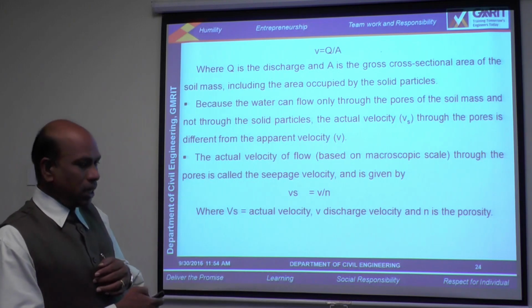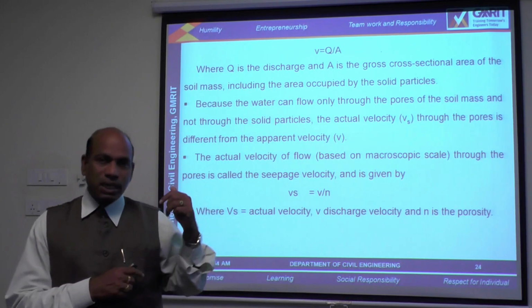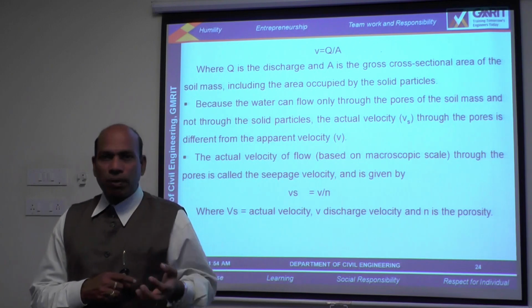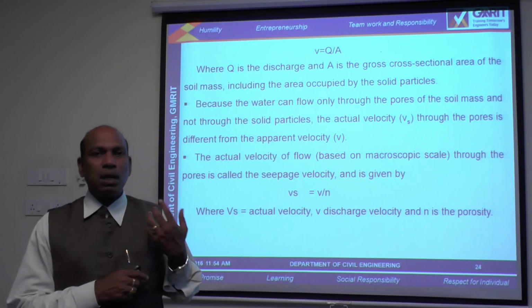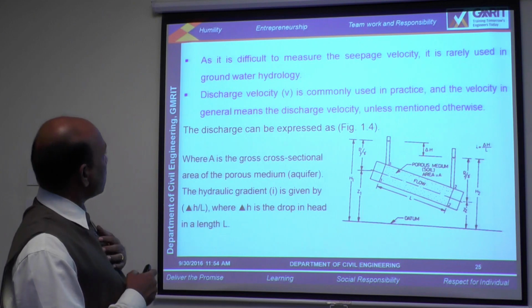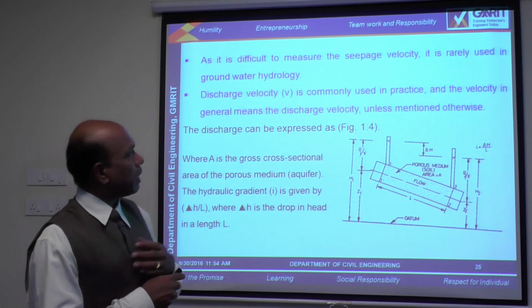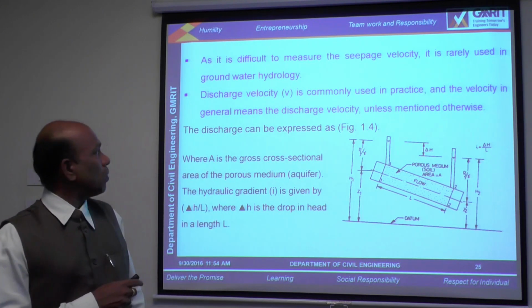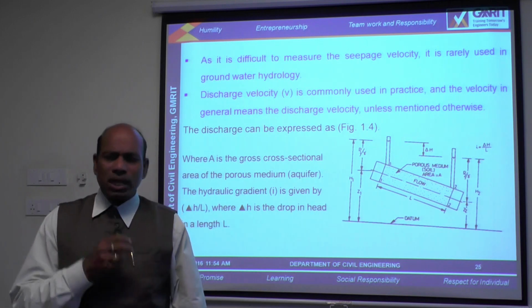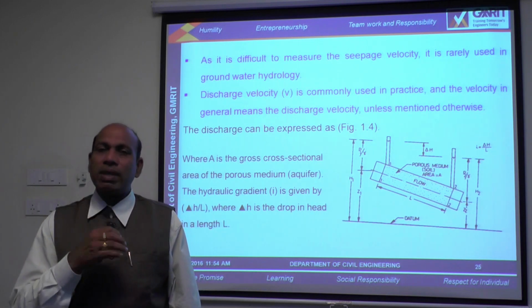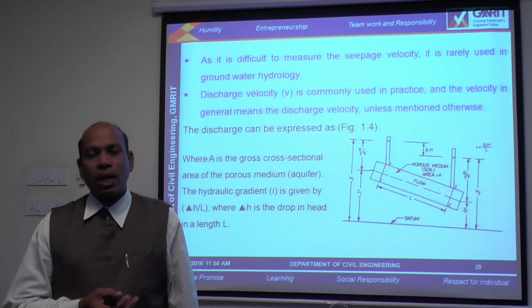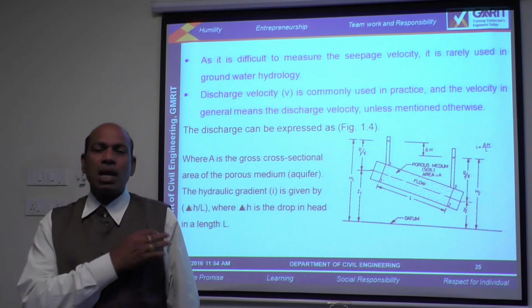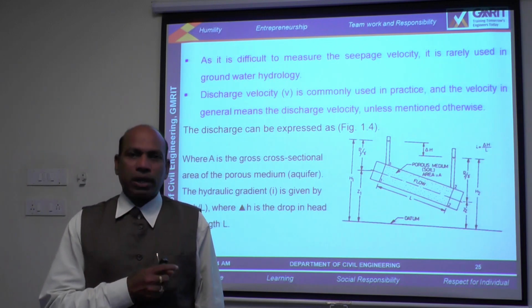Here the actual velocity or seepage velocity depends upon the porosity of the soil mass. As it is difficult to measure the seepage velocity in groundwater hydrology, generally, unless otherwise specified, we take apparent velocity for groundwater hydrology calculations.